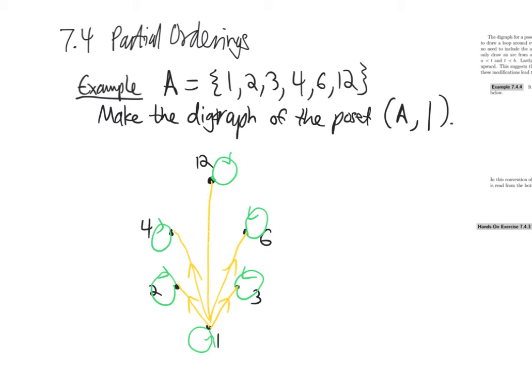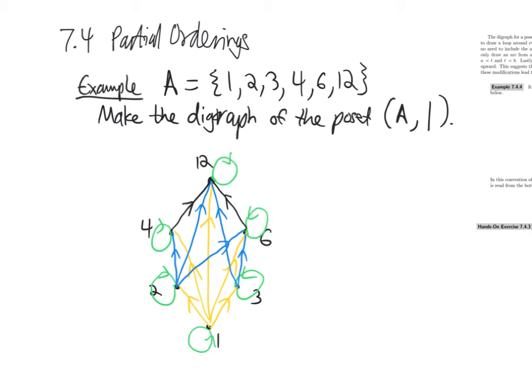So I have to draw arrows here for all of them. And then, what else do I have? Well, I know 2 divides 4, 3 divides 6, so I need an edge there. 2 divides 12, 2 also divides 6. I also know 4 divides 12 and 6 divides 12, and I also know that 3 divides 12.